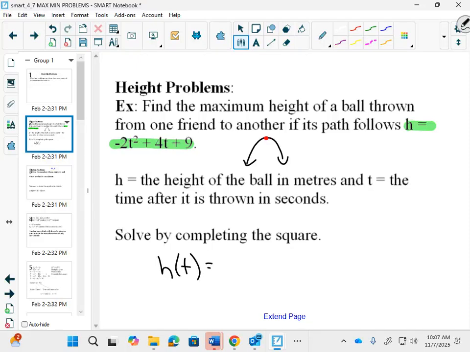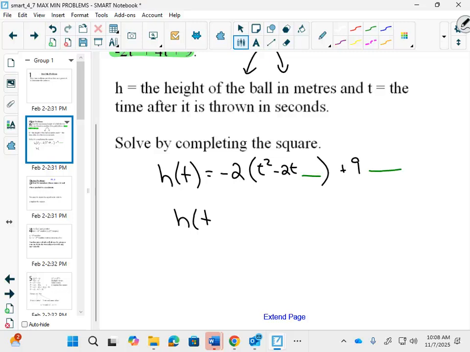how do you complete the square? Well, first of all, you factor out the number out of the first two only. So I would get t squared minus 2t, and I keep the 9 on the outside, which leaves a space there and there. The -2 tells us it's going to be t minus 1 squared, right?